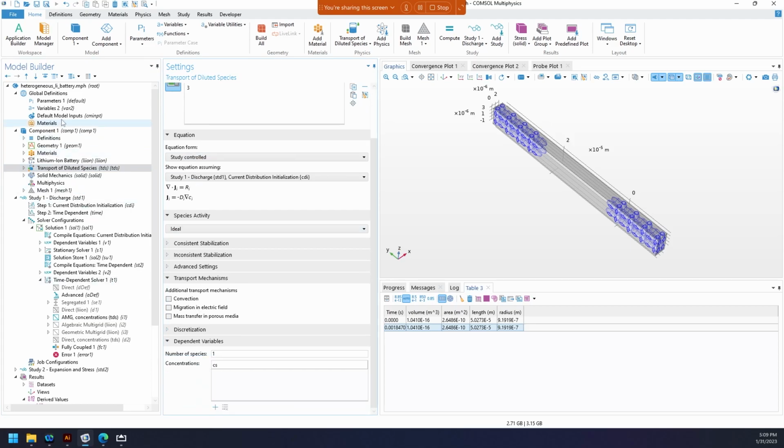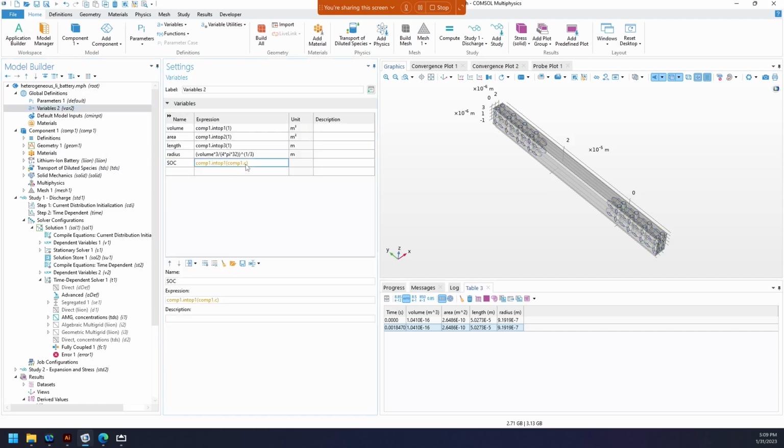Yeah, this is CS. So if we define CS, it's going to calculate the total concentration multiplied by the volume, and if we divide it by component 1 dot intop 1, now we will get the concentration in one particle.